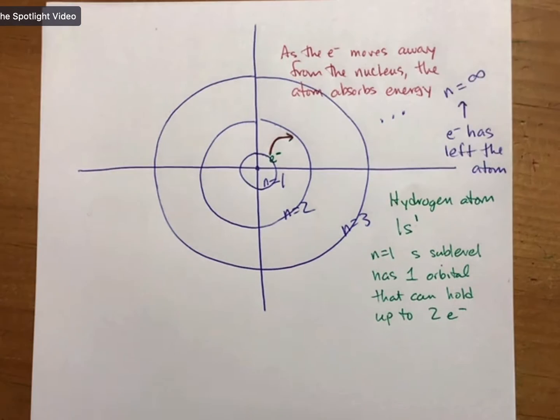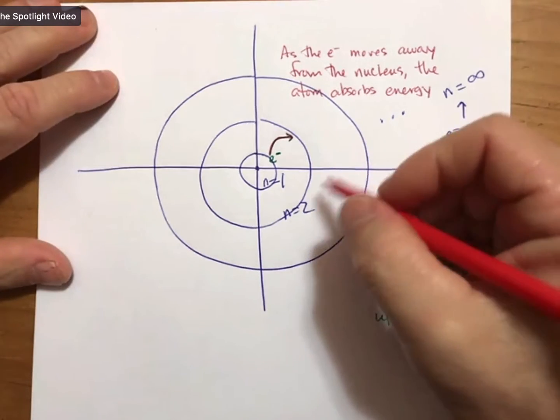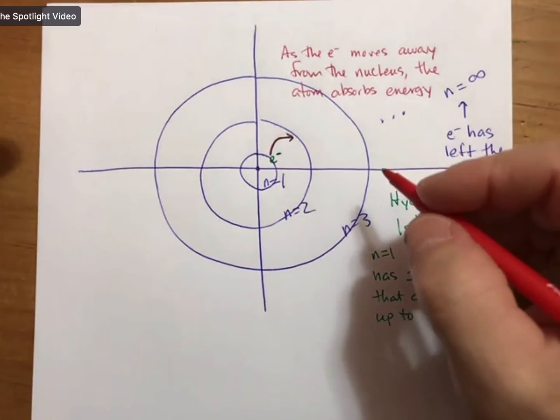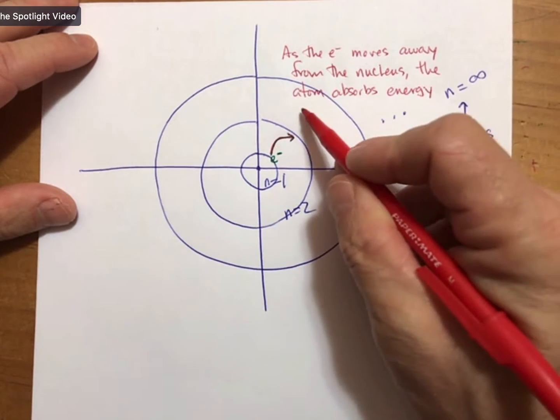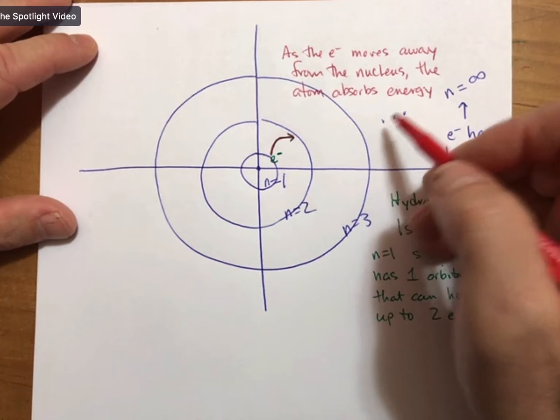And typically the way that it absorbs energy, and this is certainly the calculations that we do, is by absorbing a photon of light.